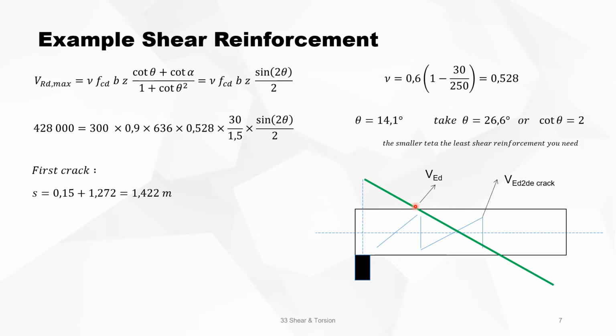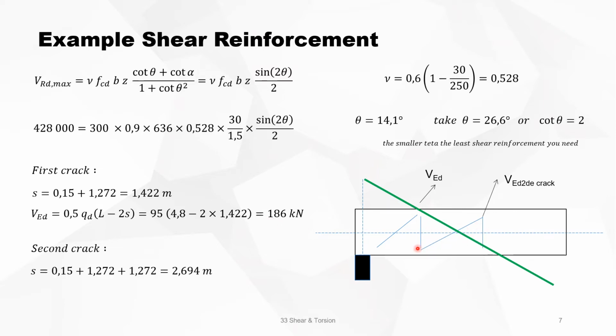So s is 0.15. This plus d cotangent theta is 1.422 meters. And at this distance, we will calculate the shear force. It's 186 kilonewton. In the second crack, again, a distance d cotangent theta alongside the beam, and gives you VEd minus 0.56. It means we already passed half of the span of the beam, so that's okay.